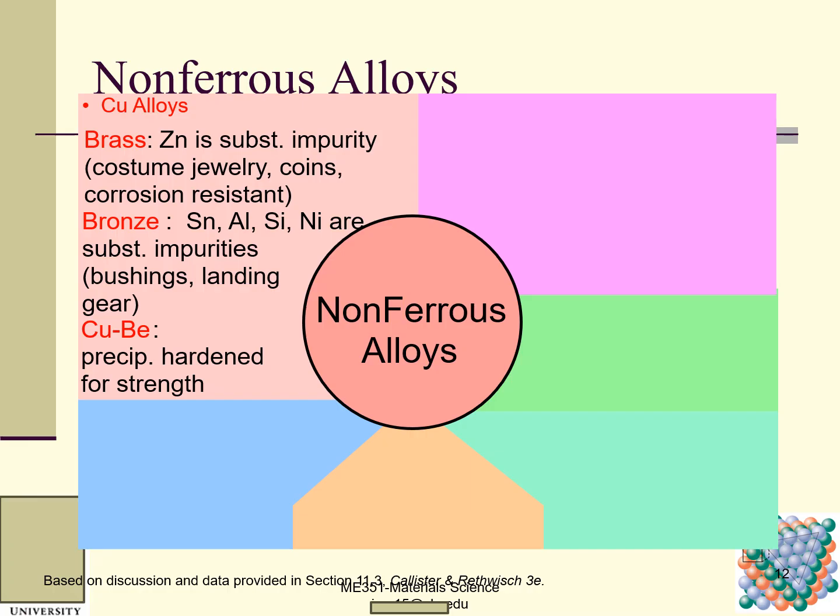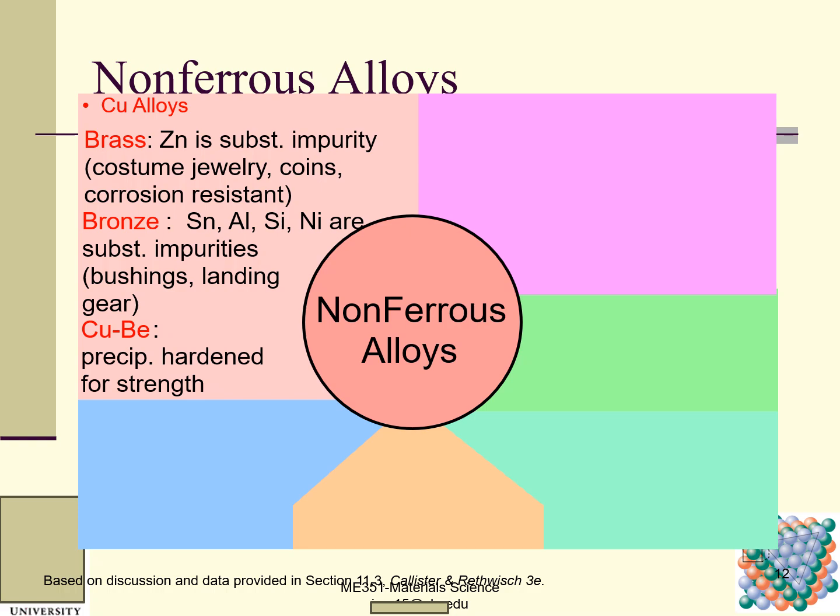For brass, zinc is a substitutional impurity, and it is used for costume jewelry, coins, and corrosion resistant applications. For bronze, tin, aluminum, silicon, and nickel are substitutional impurities, and it is used for bushings and landing gear.